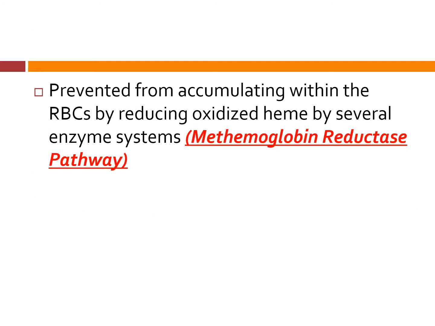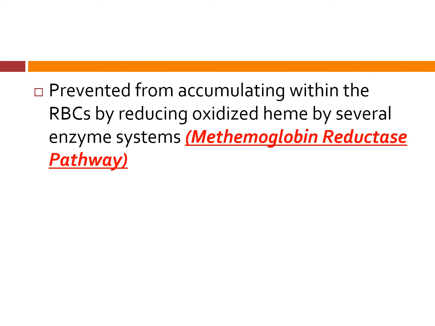So this is prevented from accumulating within the RBC by reducing oxidized heme by several enzyme systems. That's the enzyme pathway called the methemoglobin reductase pathway.